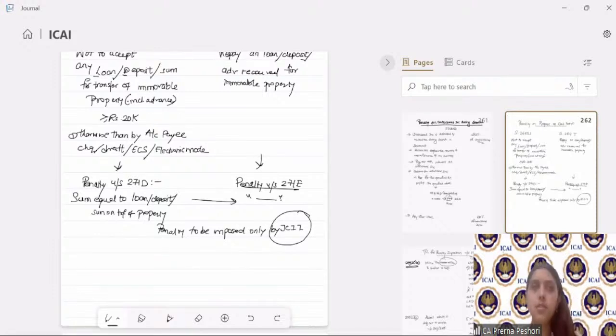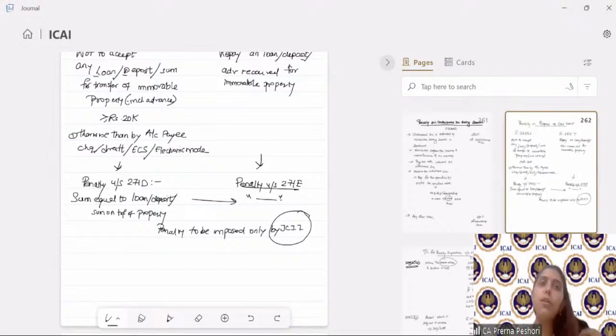Second, for the search cases, for the transfer pricing cases, and for the maintenance of books of accounts, audit report, all that, these 4 segments you have to do. There is no doubt about it. The rest, what you can be doing is, for example, if a question comes up on TDS, you can just say that there is a penalty also. Under which section, you may remember, you may not.